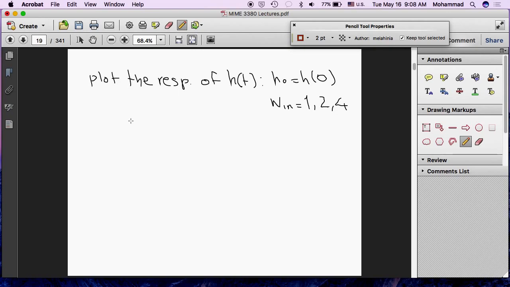Okay, so we need to have the equation handy. So I'm sure you've written it, but let me do it also here. What we have is h dot is equal to 1 over a wn minus c times h.